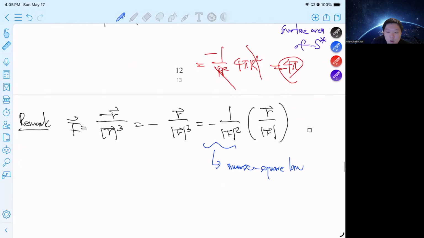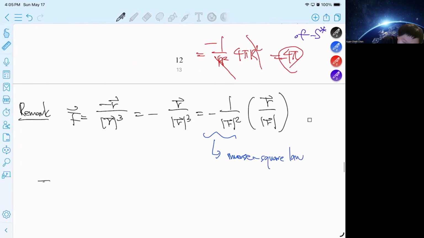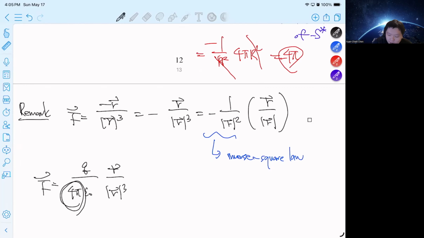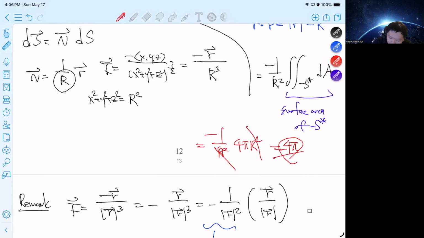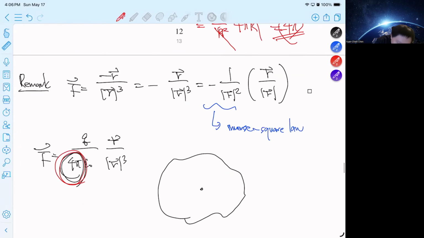If you remember, the Coulomb field looks like this: F equals Q over 4 pi epsilon 0 times r over r to the power 3. Why do we need this 4 pi? Every time we calculate the electric field of this charge, we'll face this problem and always have this 4 pi pop out. So we divide by this 4 pi.